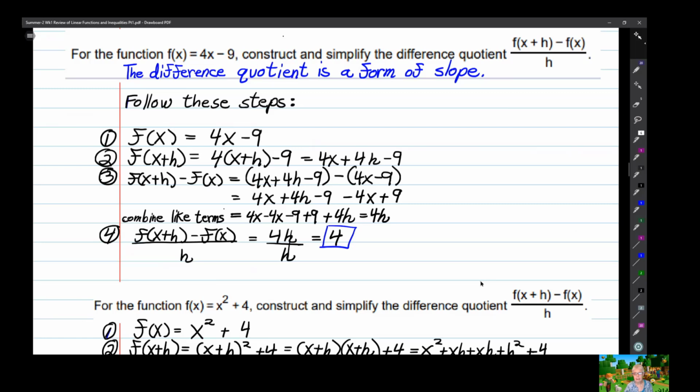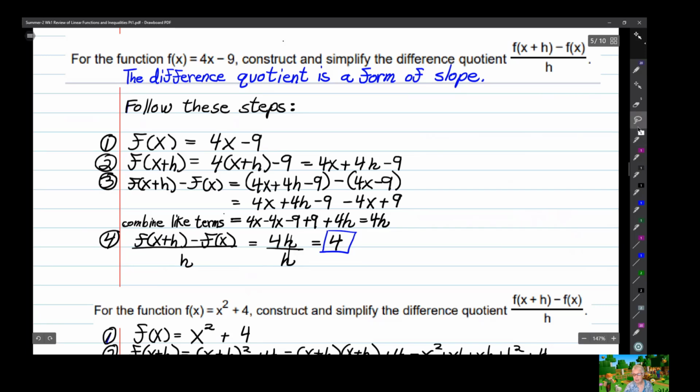Maybe they're quadratic, maybe they're cubic, maybe they're quartic, maybe they're fifth degree. But you can find the slope of sections of the graph. That is, you can find the rate of change by using this formula right here, which is called the difference quotient.